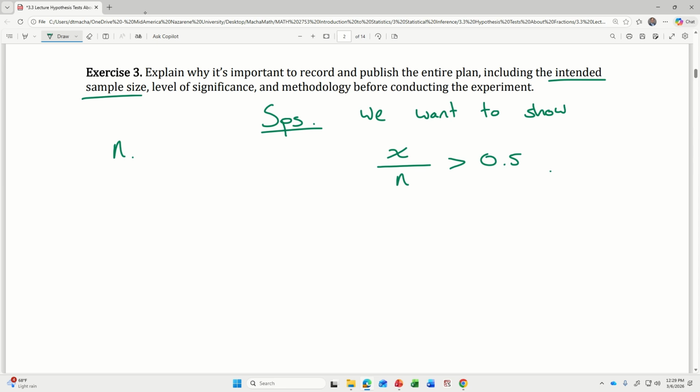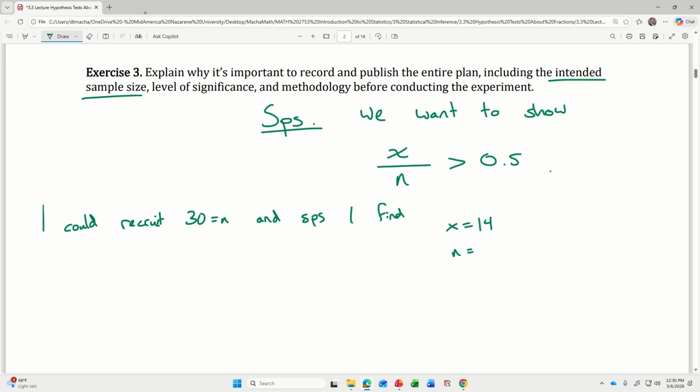So I could recruit 30 individuals, and suppose I find 14 of those individuals belong to this fraction that I'm talking about, right?